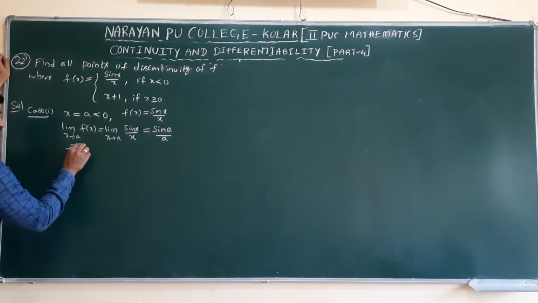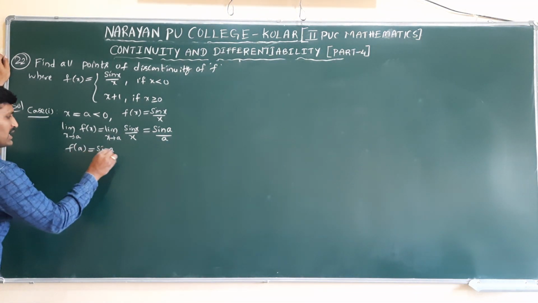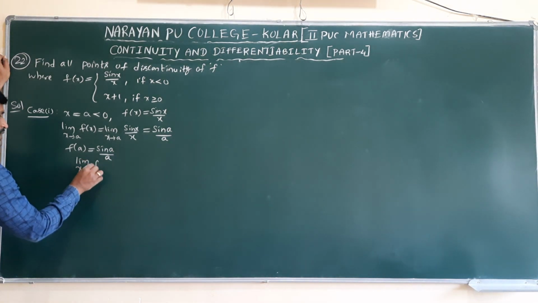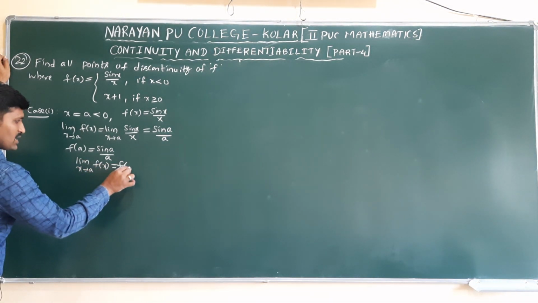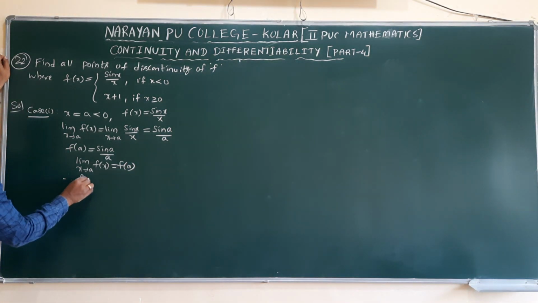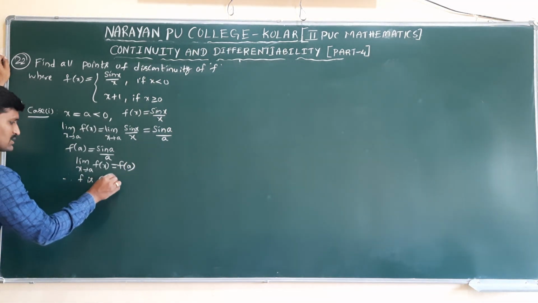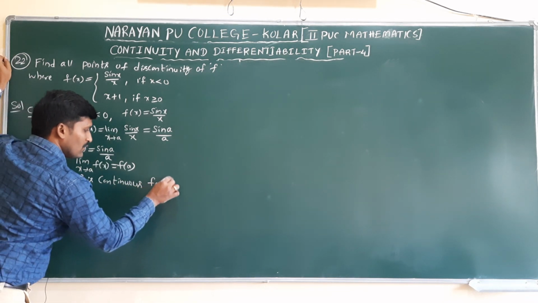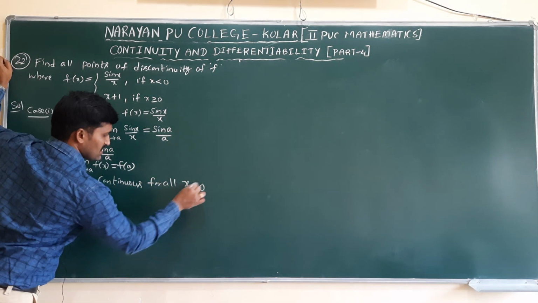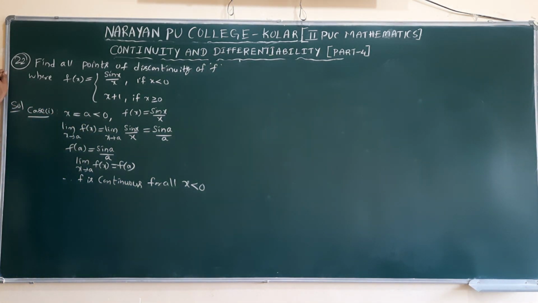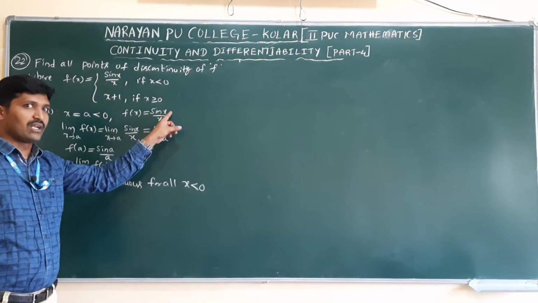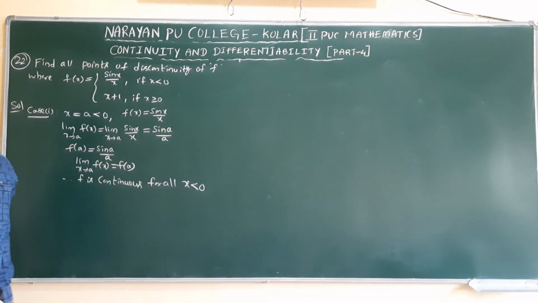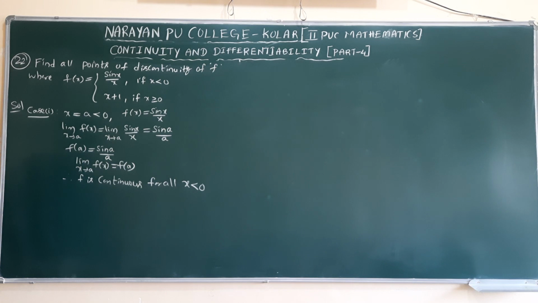Function value f of a is sin a by a. Therefore, here the limit value and function value both are equal. Limit x tends to a, f of x equal to f of a. Therefore, f is continuous for all x less than 0. The reason is also simple. Sin x is a continuous function for all real numbers, and x also is a continuous function. So the ratio is also continuous.